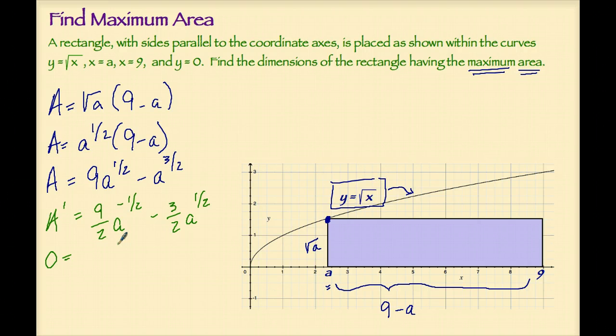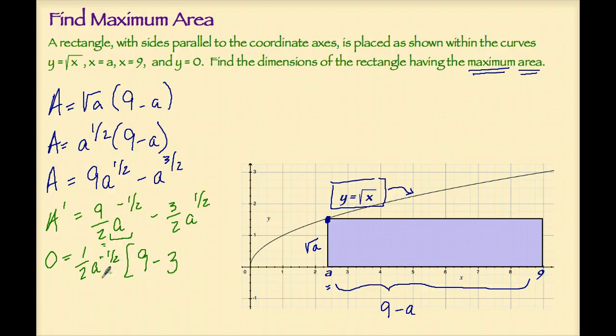And I am going to factor out a couple of quantities here. I'm going to factor out the 1/2 because I know this needs to drop to the denominator of my expression. And I'm also going to factor out the smaller of the variable quantities, which is a to the negative 1/2. So when I take out 1/2 a to the negative 1/2, what I'm left with from this first term is just 9. In my second term, I'm left with minus 3.